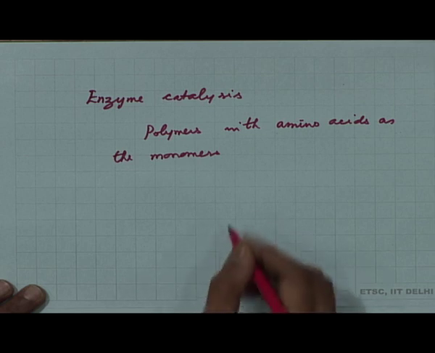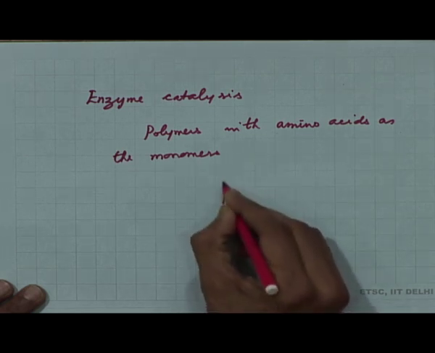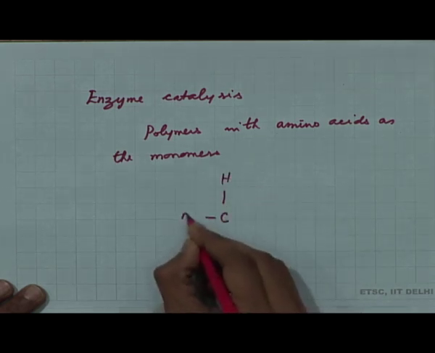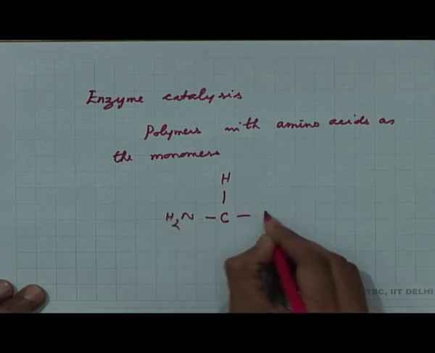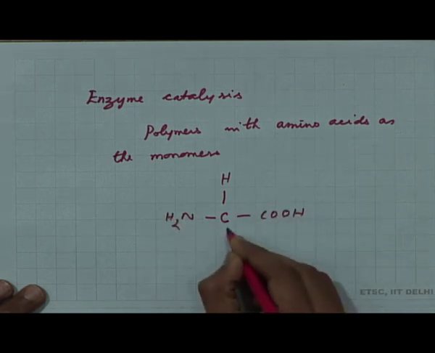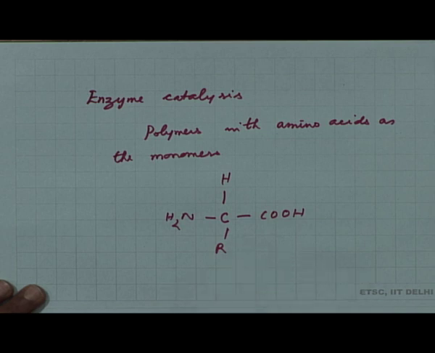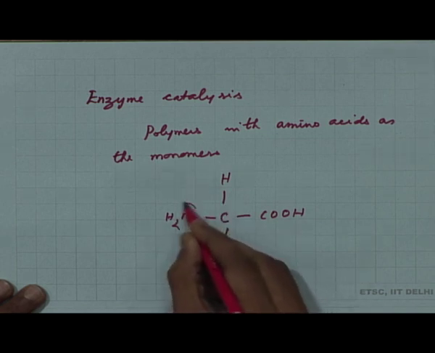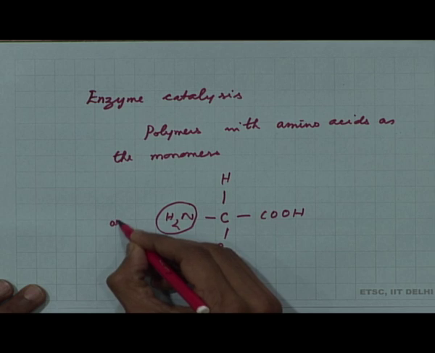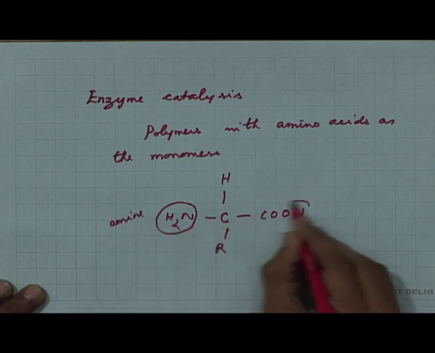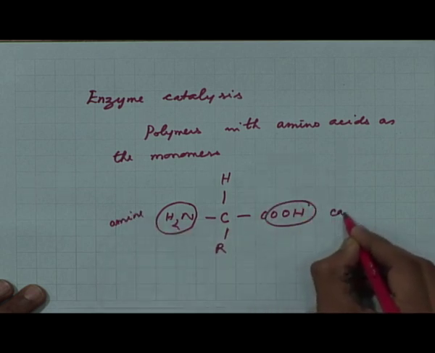What are amino acids? If you have a molecule with this general formula, this is an amino acid, this is an amine, and this is a carboxylic acid.